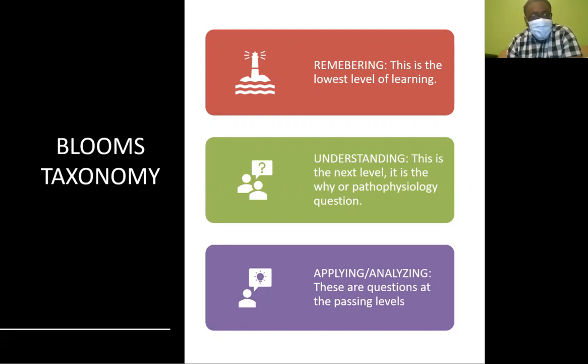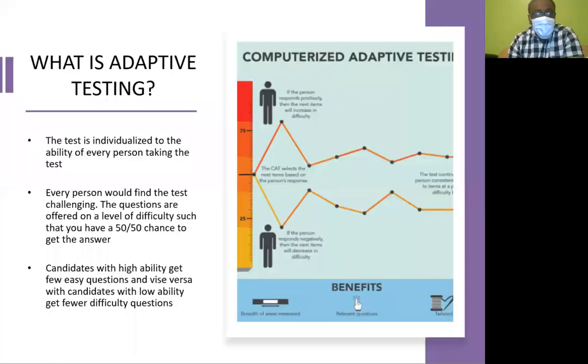So you can see the thinking and the figuring and being able to apply this thought process and analyze it also. So those are the higher level questions. Those are above the passing levels. So that's why we say memorizing content, cramming, reading so much content, it does not guarantee you a pass. You must be able to make a judgment about the information.